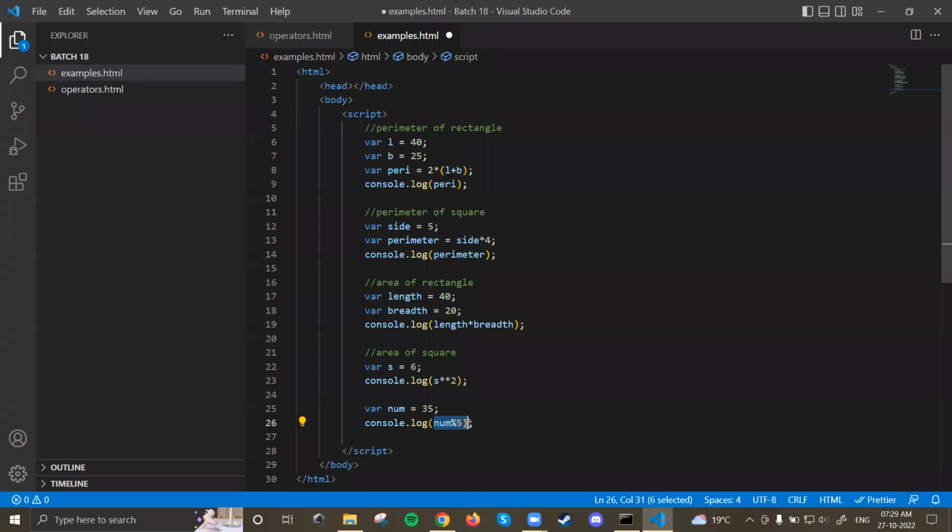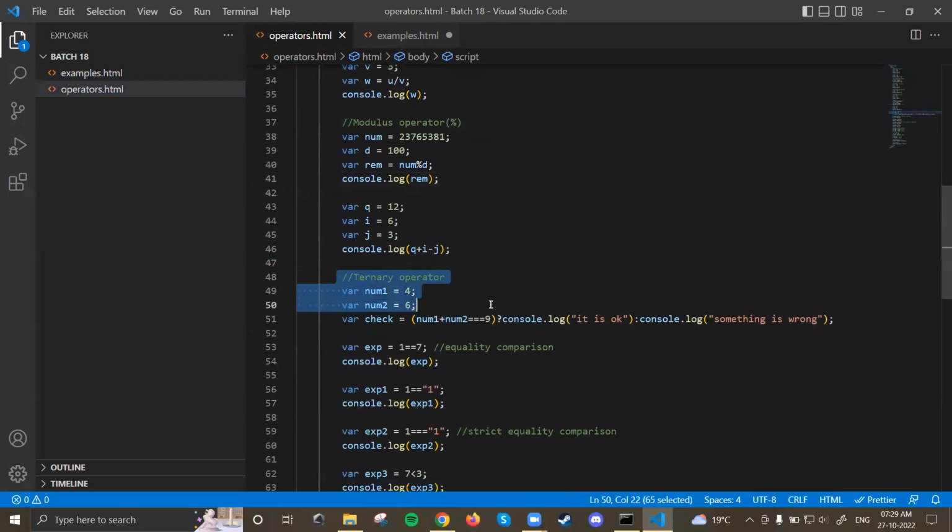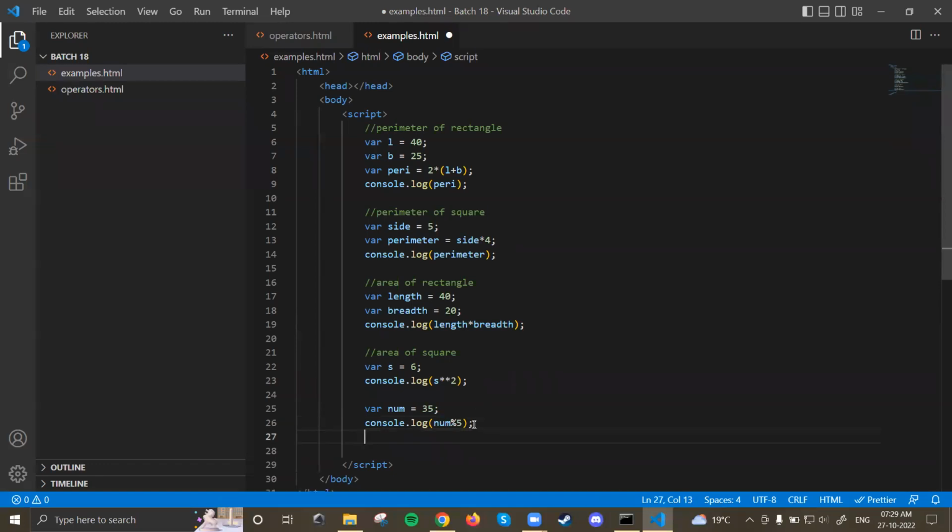Or you can do one thing: if the remainder is 0, print it is divisible by 5, or else print it is not divisible by 5. When we have this kind of true-false condition, we saw another operator known as the ternary operator. Here we give the condition, and if it is true we say it is okay, if it is false we say something is wrong. That's what we did yesterday. So the same thing will apply here.